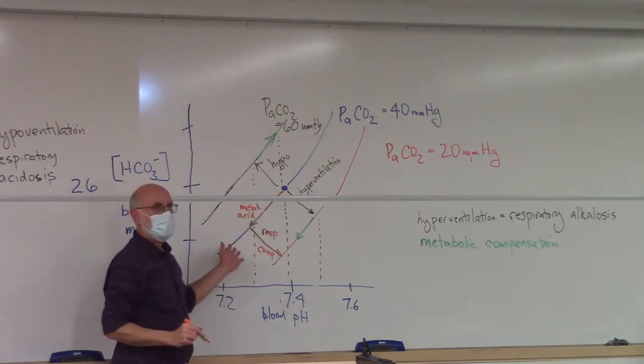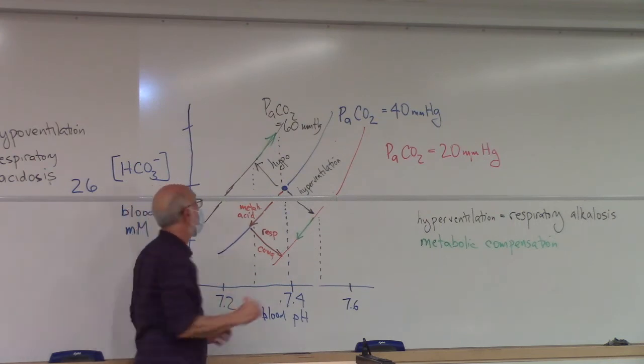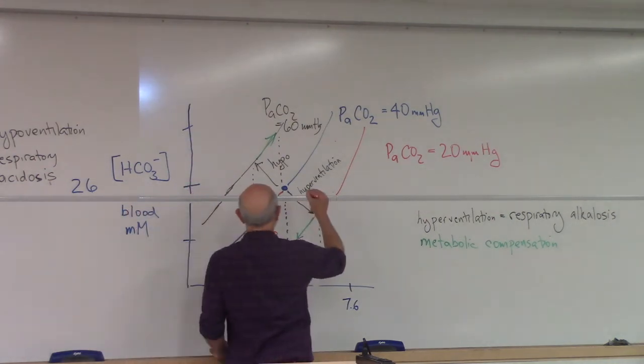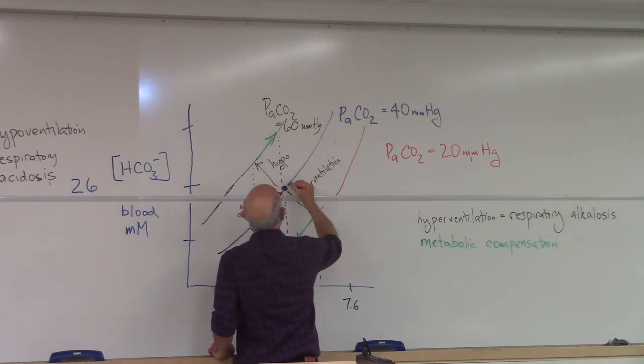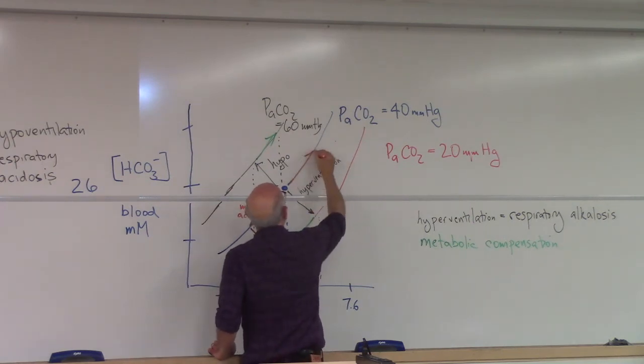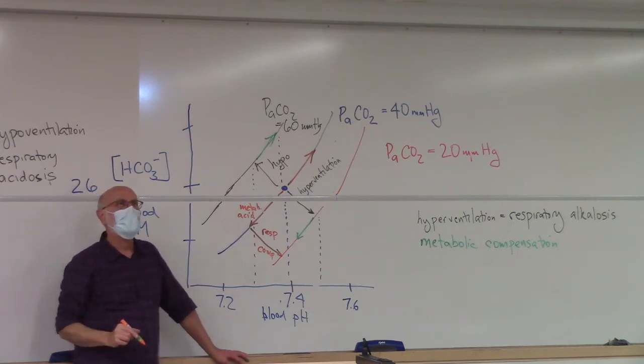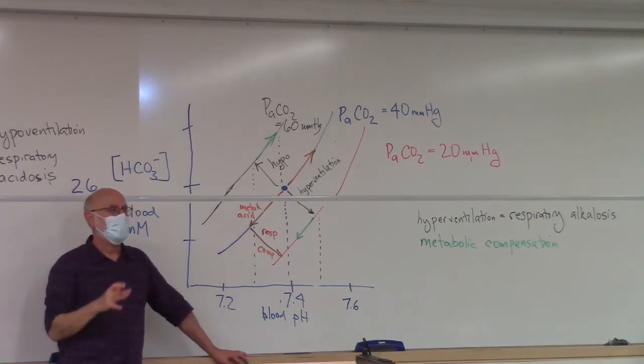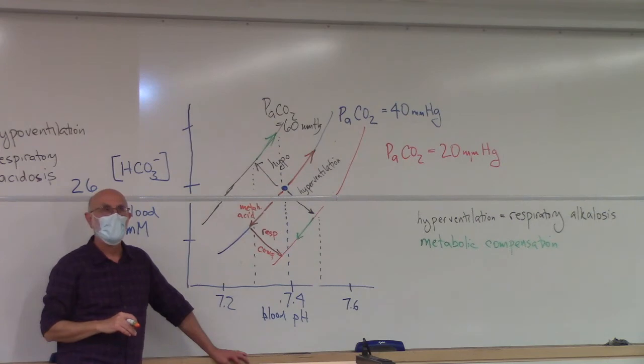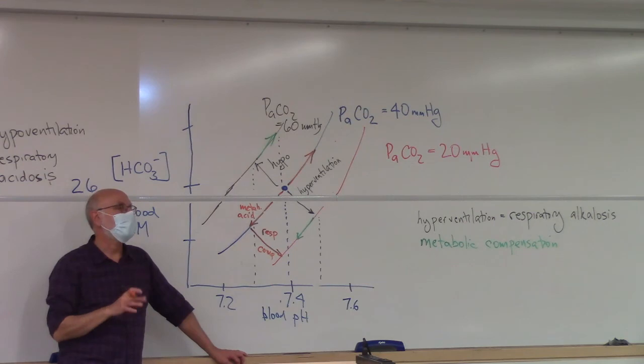And now, what's another condition? What if your body is excreting too much acid? How could your body excrete acid? Urine is typically neutral, but that's possible.